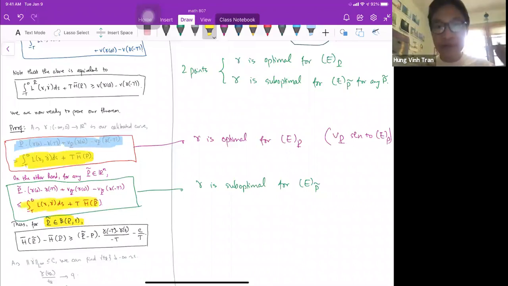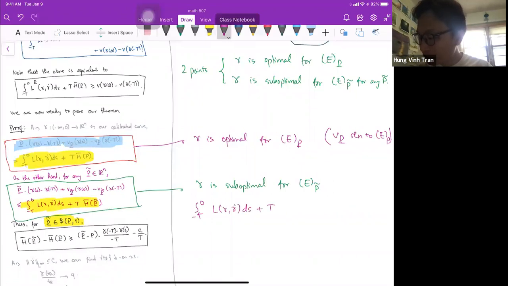The first part is an equality, the second part is an inequality, but if you compare the actions, the action of the first part is just this integral, and the action of the second part is just this integral.